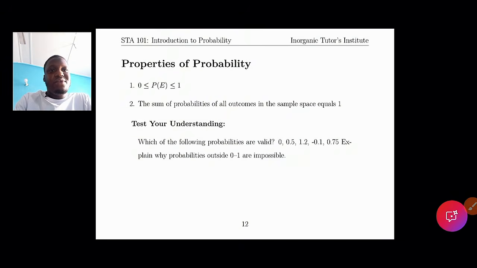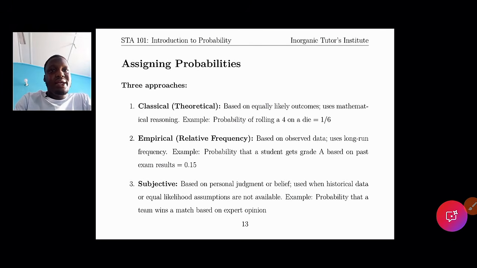Okay. So we move on to the next slide, where we have 3 approaches in assigning probabilities. Okay. So let's discuss them one after the other. So the first approach is the classical approach. The most popular way when we say events are equally likely, but classical probability is mostly used for the basics of probability.